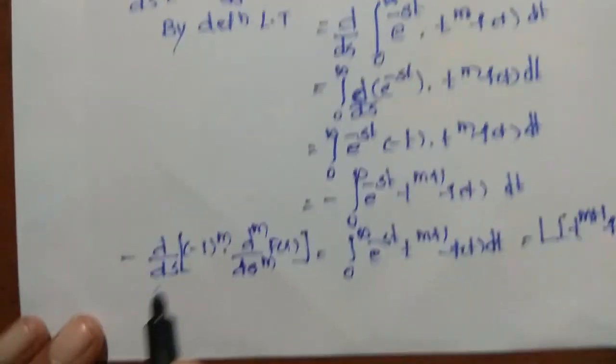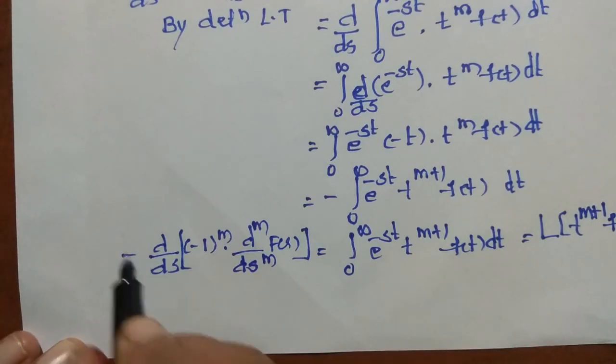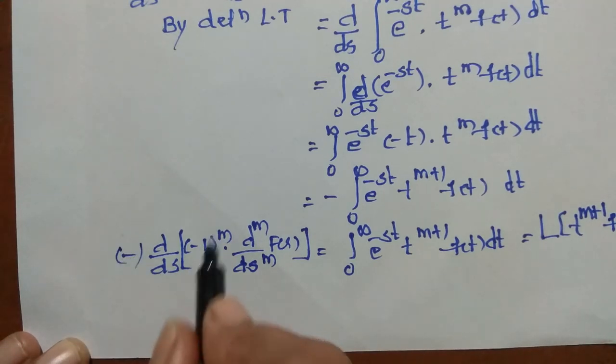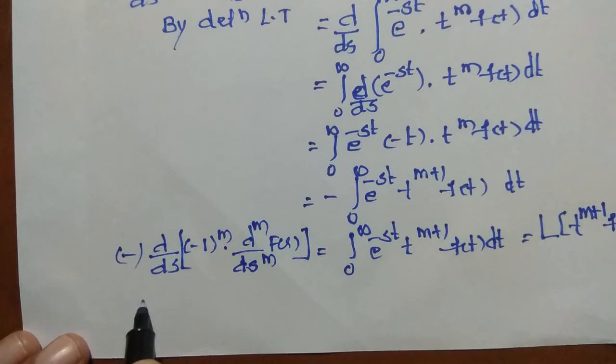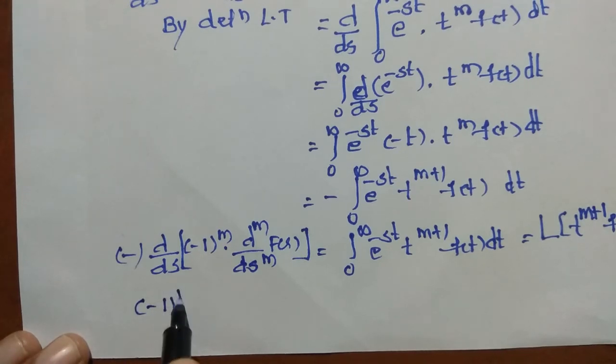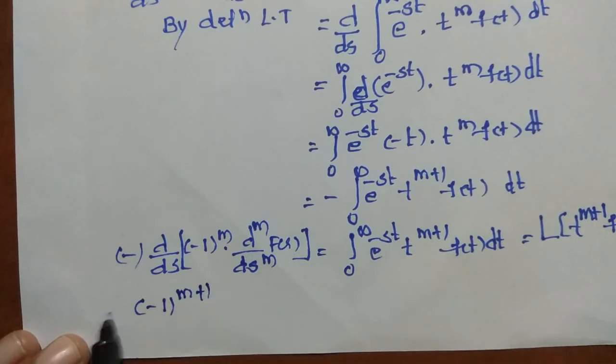Now we'll see the left hand side. This left hand side has a minus sign. So minus 1 into minus 1 raised to m gives minus 1 raised to m plus 1.